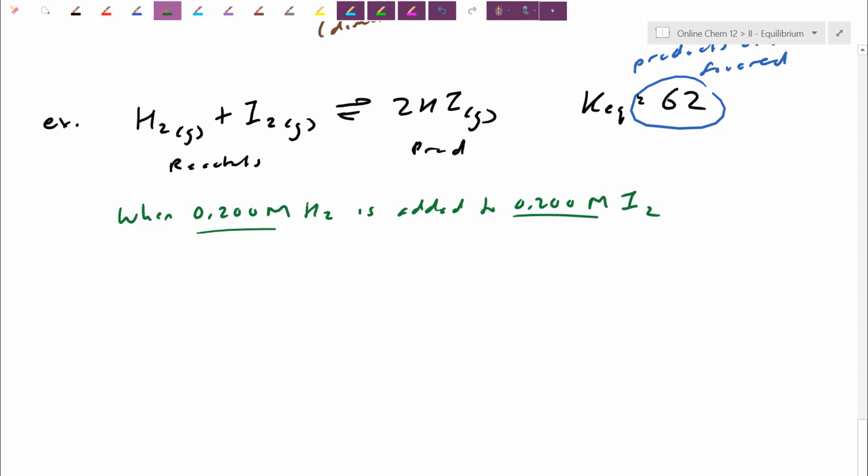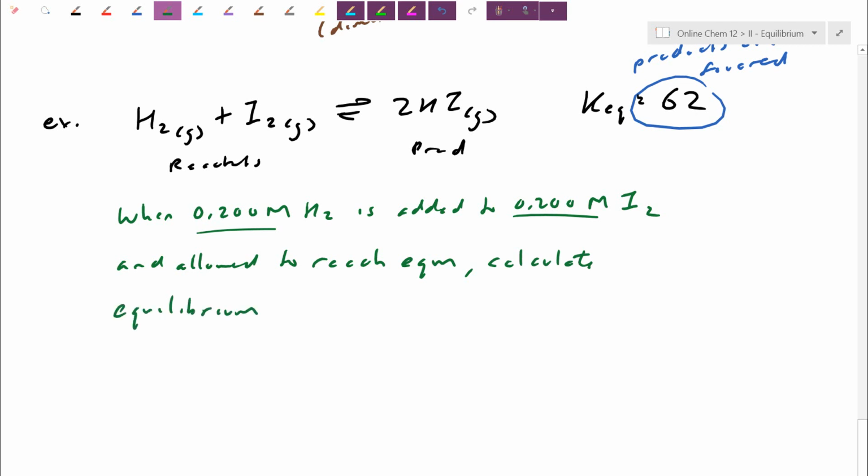When that is added to this and allowed to reach equilibrium, we just give it the time that it needs to settle out, to get the forward rate matching the reverse rate. I want you to calculate the equilibrium concentration. How much is left at the end of it? Equilibrium concentration of HI. Okay. So that's the problem setup.